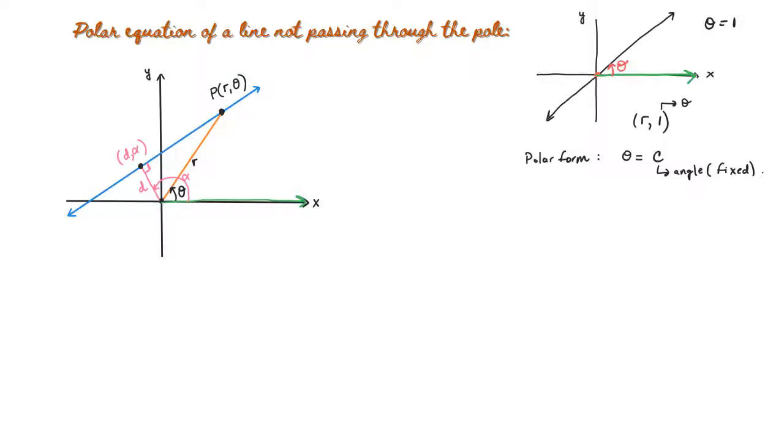So here are the 2 points that we need to work with. A random point on that line in polar coordinates. And then we need the point on the line that is closest to the origin, again in polar coordinates. Such a point has to fall on this segment, but this pink segment has to be perpendicular to the line. This point is the closest point to the origin, the point on that line.